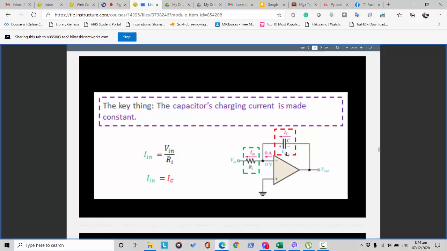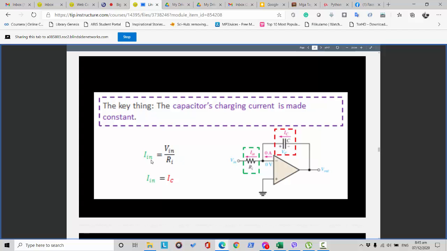So from the illustration here, you will see that the input current is equal to the current of the capacitor. So definitely that will be equal to the input voltage divided by the input resistance, okay?